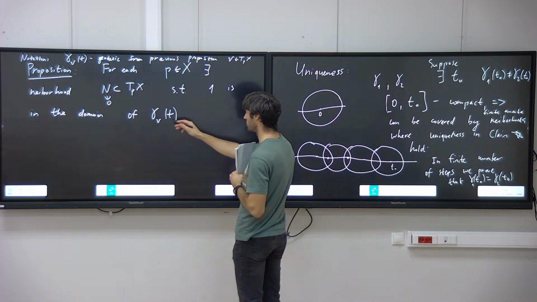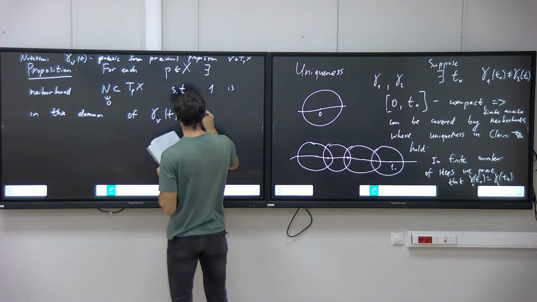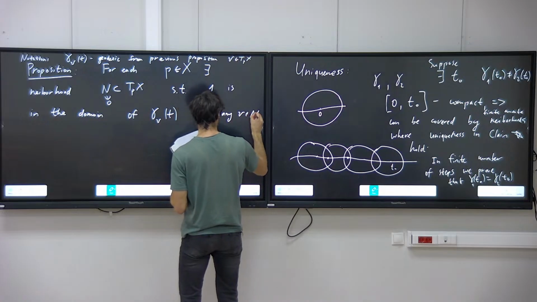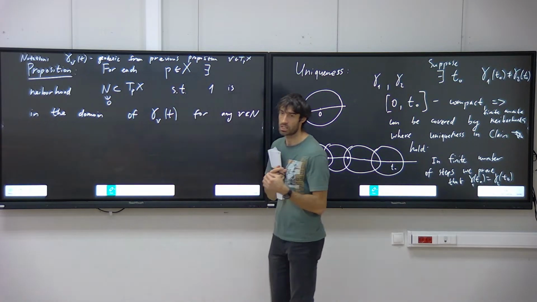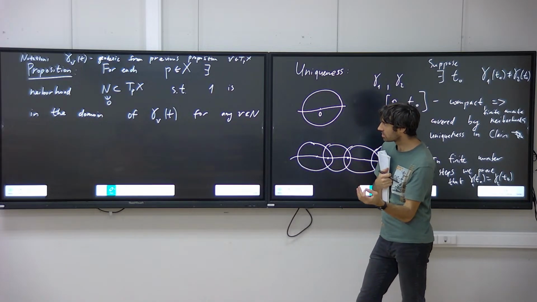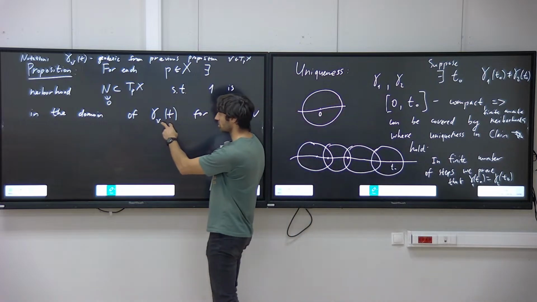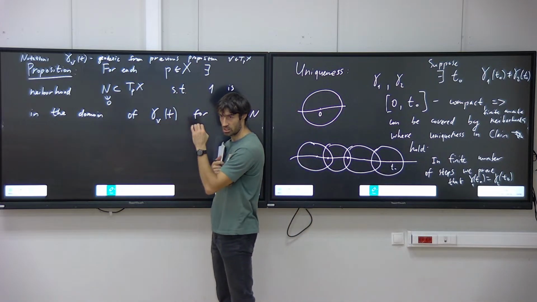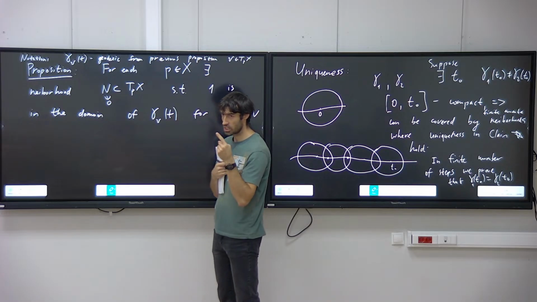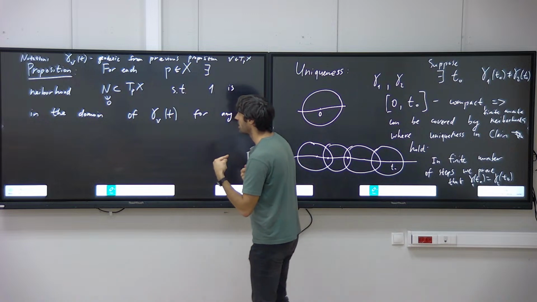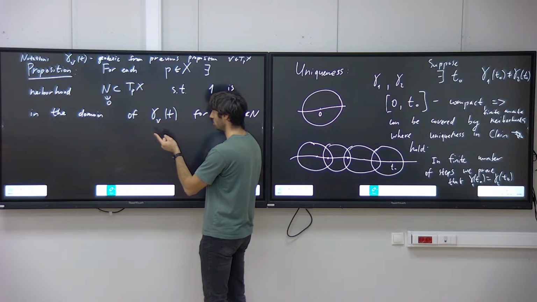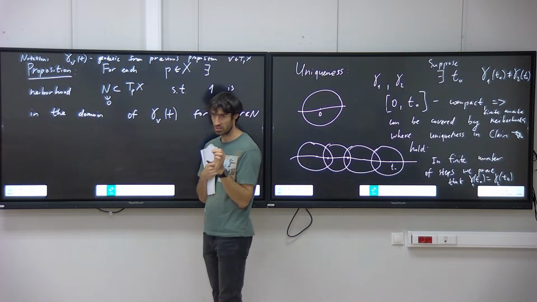So 1 is in the domain of gamma_v(t) for any v inside N. Anyway, I'm saying that there exists a neighborhood inside initial conditions of my geodesics such that in each direction, I can go to the step 1, right?